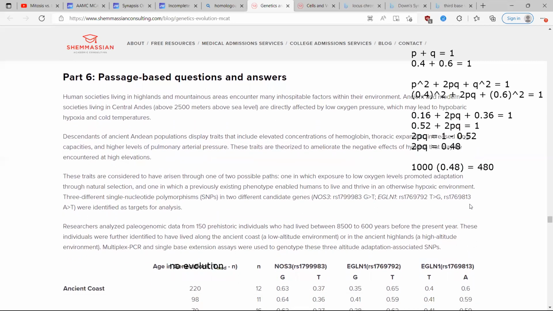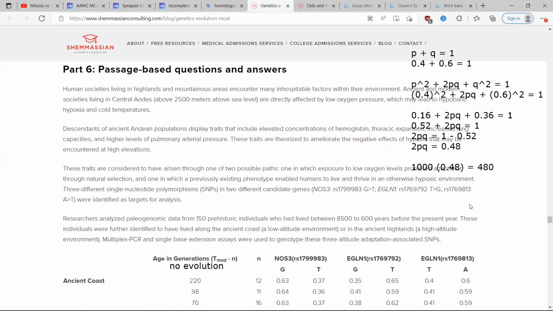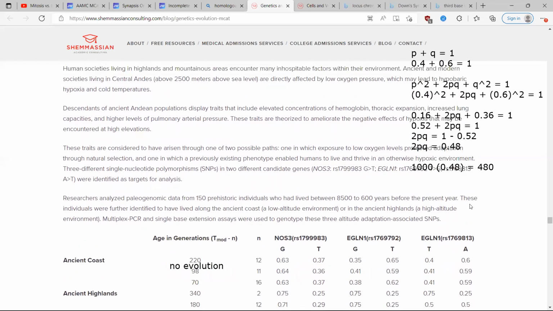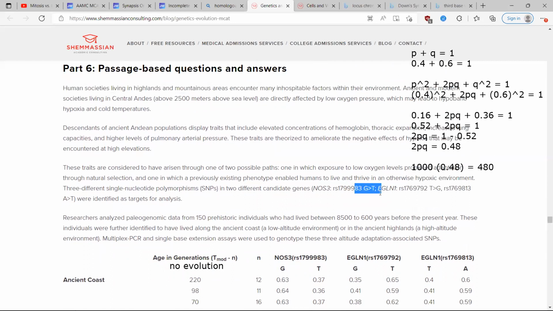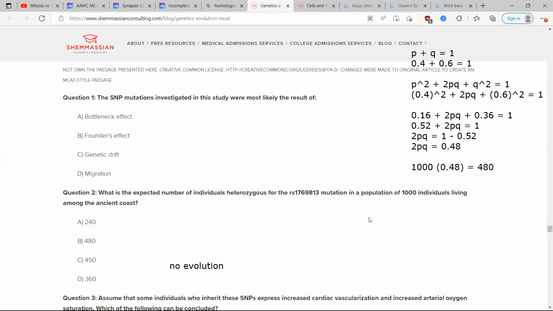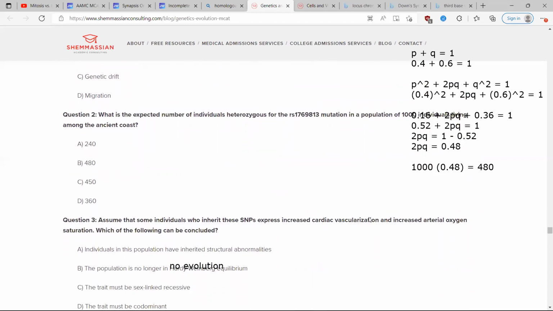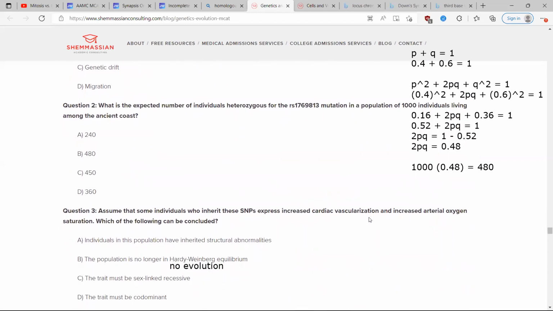I don't know this notation well enough to tell. I think I'm going to go with B just because it's a very convoluted choice. I feel like they were trying to trick me, but this makes sense. The population is no longer in Hardy-Weinberg equilibrium.